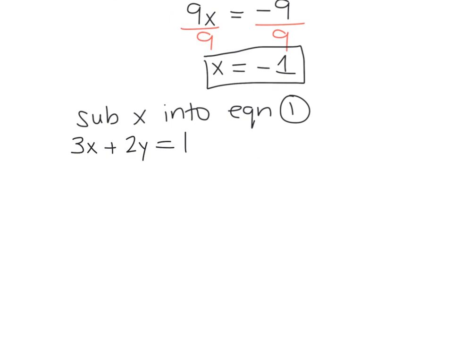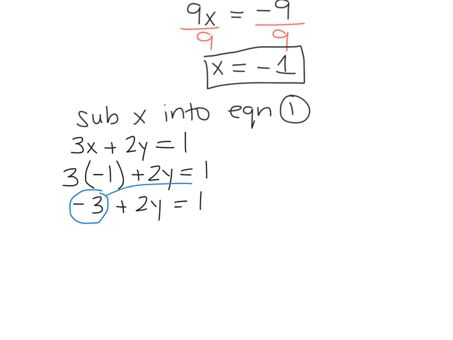So I've recopied equation number 1, 3x plus 2y equals 1. And now in the place of x, I'm going to put in my answer, which was negative 1. I'm going to recopy the rest. 3 times negative 1 is negative 3, plus 2y equals 1. Okay, I'm going to go ahead and collect like terms. So I'm going to take this negative 3 and bring it over to the right-hand side.